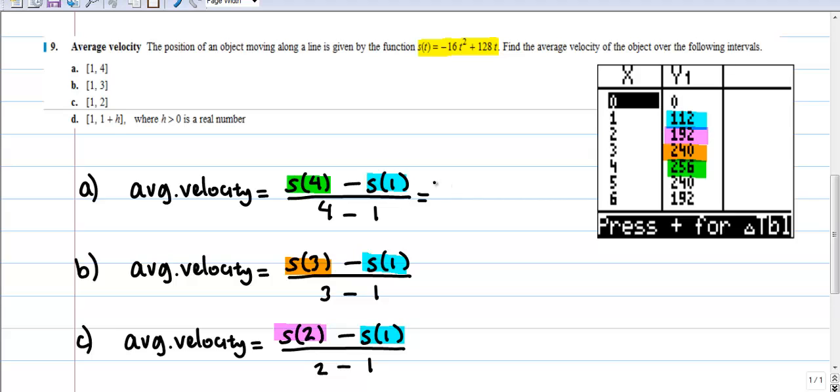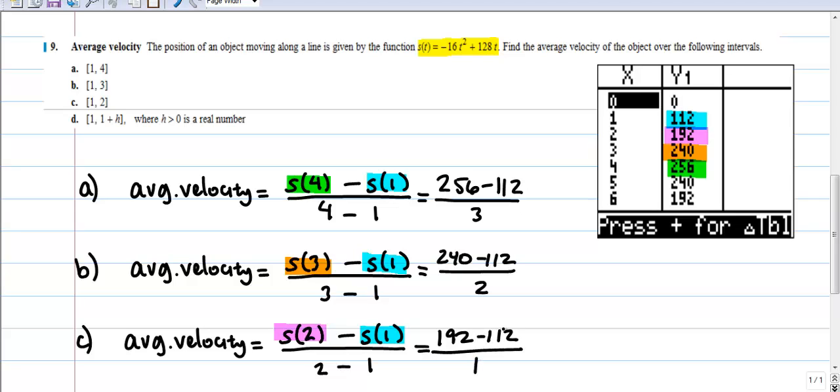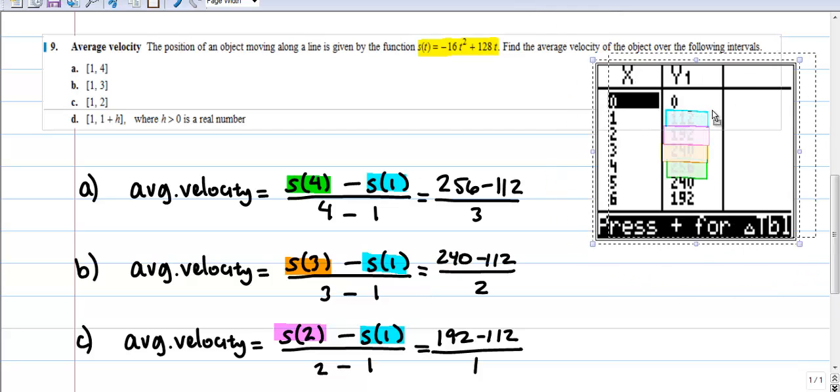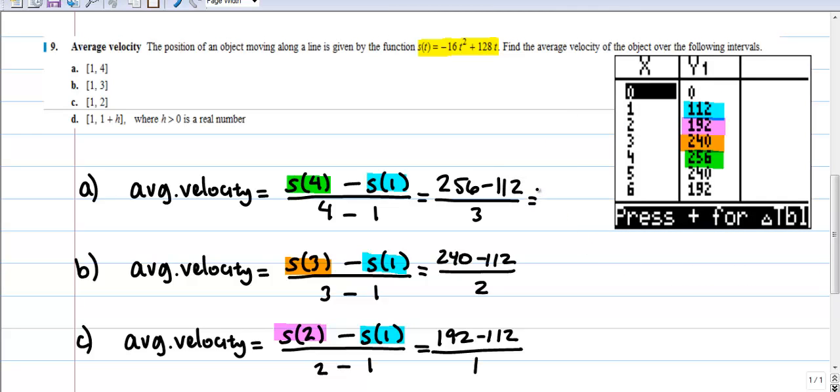So you could do this. You could just go ahead and enter 256 minus 112 over 3. This would be 240 minus 112 over 2. And this would be 192 minus 112 over 1. If I do this arithmetic here, I would get 144 divided by 3, which would be 48.